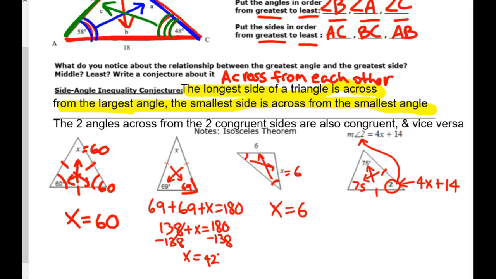So let's set this up. 4x plus 14 plus 75 plus 75 equals 180. We need to add up all of our like terms. So we add them up, we should get 164.